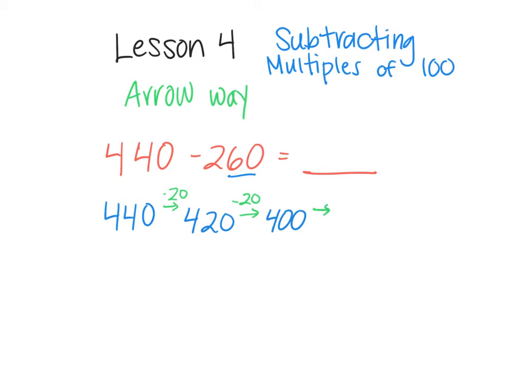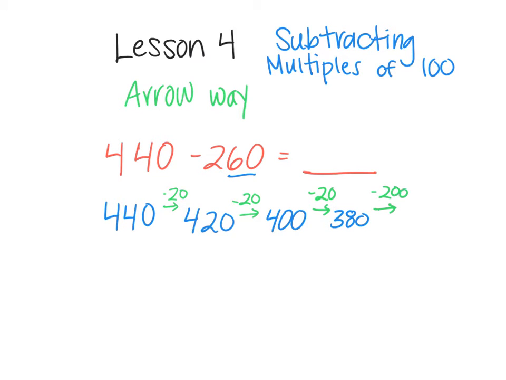Take away another 20. This is when I would have to normally regroup. 400 take away 20 would get me to 300. Oops, sorry. I'm about to say 380. So right now I've taken away 20, 40, 60. Now I just have to take away 200.